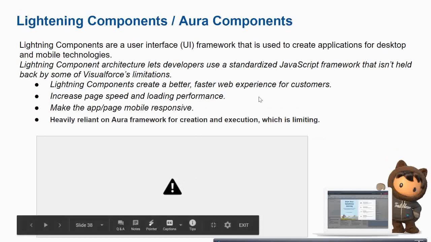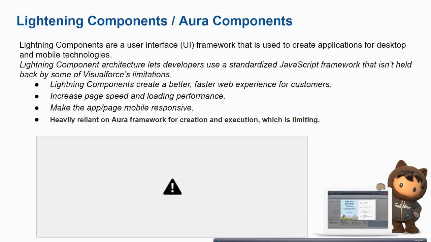Okay, Lightning components or the Aura component. So what is a Lightning component? You will also find something called Lightning Web Component, which I will come to later. If you are familiar with component based architecture, you will know that earlier it was just static pages, then a bit dynamic pages with Ajax and jQuery.